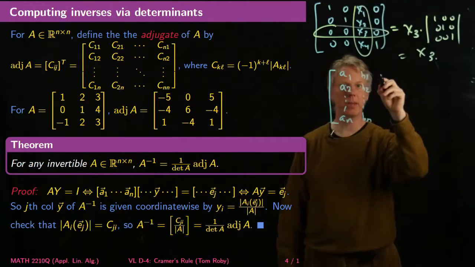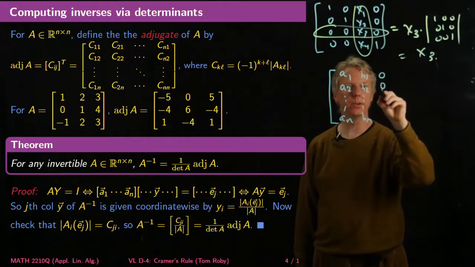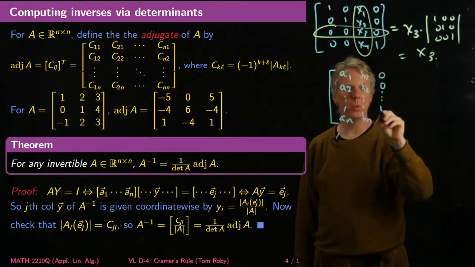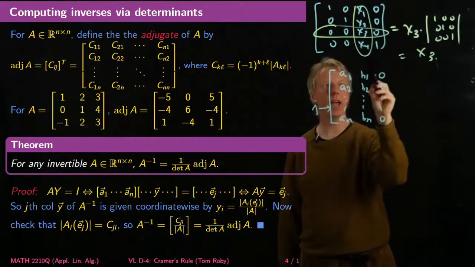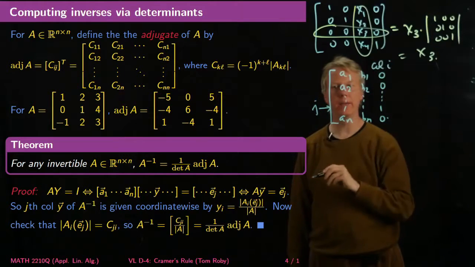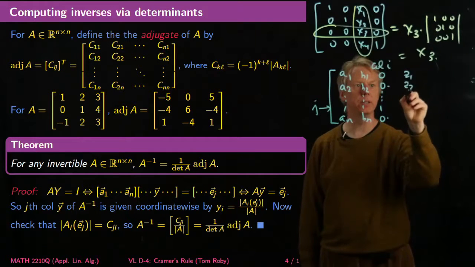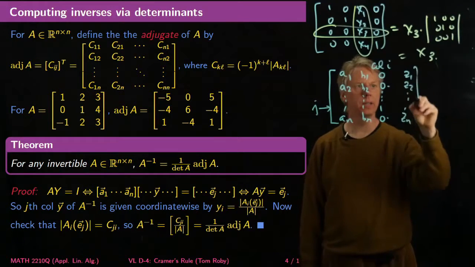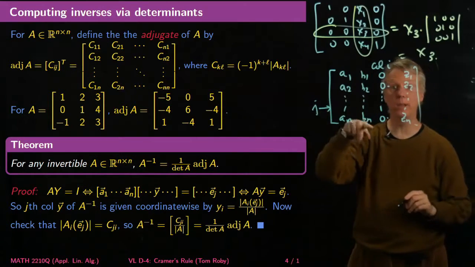And now somewhere here, maybe I have e sub j, so I've got 0, 0, dot dot dot, 1, and then a 0. And this is happening in row j, and this is column i. Then I keep going, and then maybe I've got Z1, Z2. These are the columns of my matrix, but I've replaced column i with this jth standard basis vector.